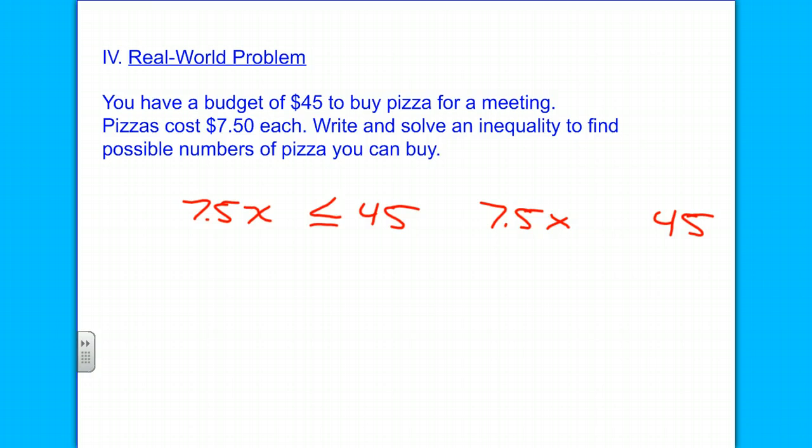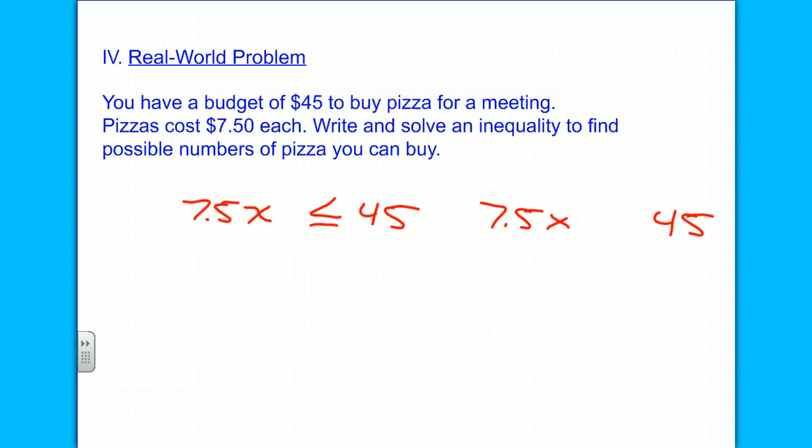But there's another piece we could add to this, actually. We haven't talked about this yet. Can anybody think of something that might be true here? Well, let's solve this and graph it, and then maybe you'll see it. So how do we solve this, Nick?